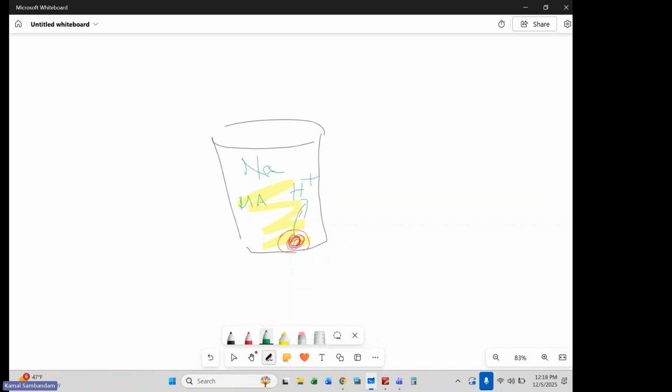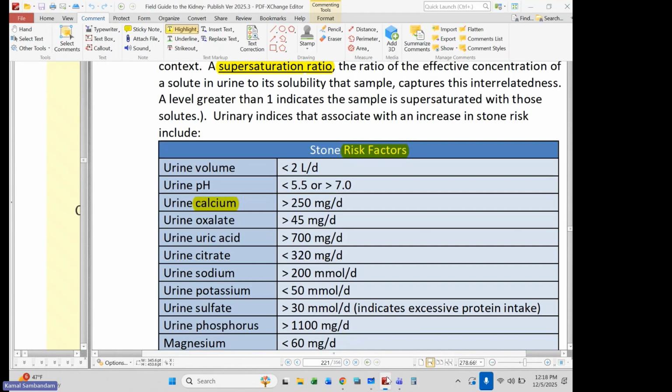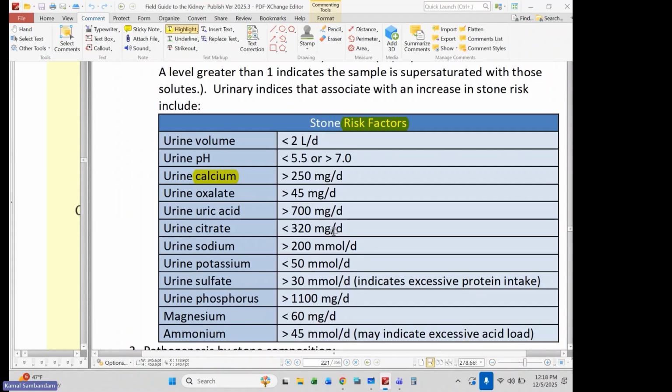So one has to be honest about the fact that although we think it's really sort of scientific, multidimensional in understanding a stone risk through 24-hour urine stone profiles and then modeling supersaturation with a computer program called EQUIL2 in this institution, that it's somehow perfect science.